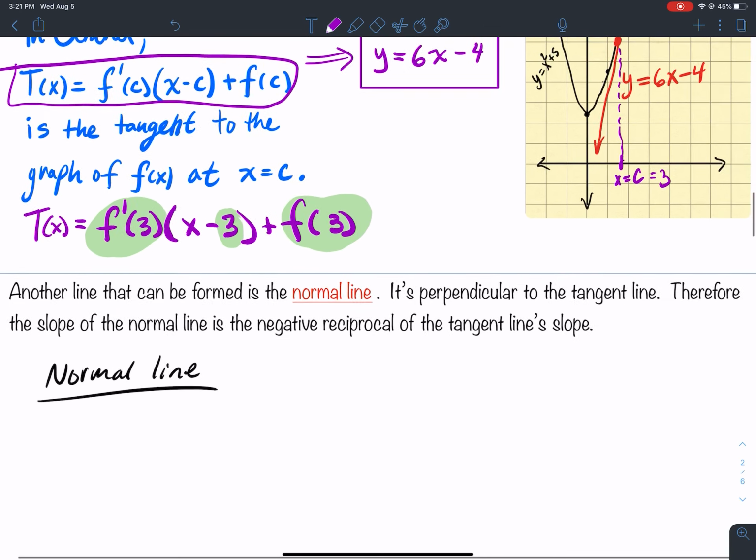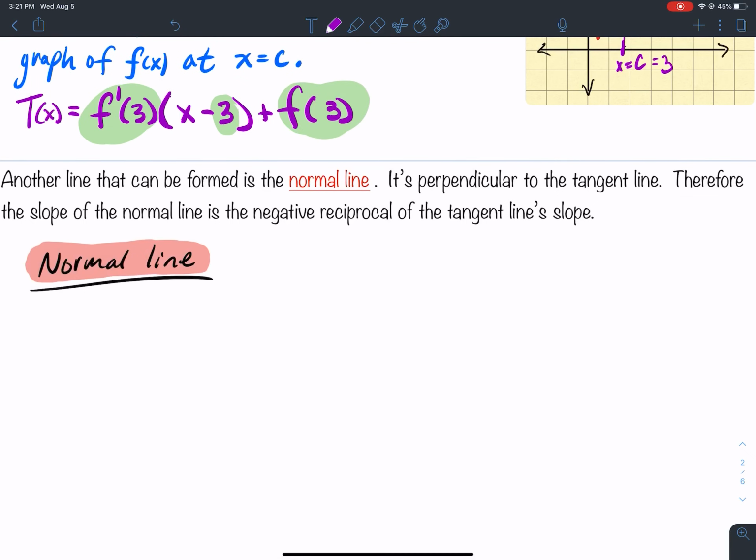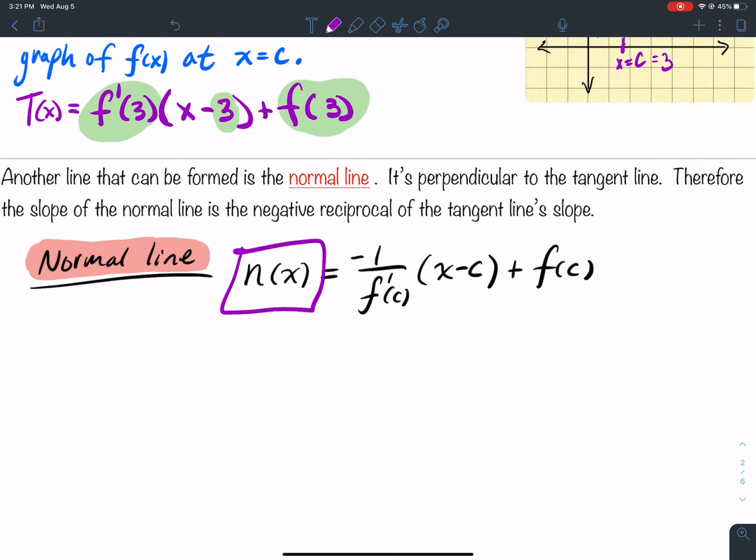Okay, so the normal line in general is designated by the n, just like the tangent line was designated by the t. The n will tell me that's a normal line, n of x equals the negative reciprocal of the slope. So I take the f prime of c, evaluate at the point c, right?